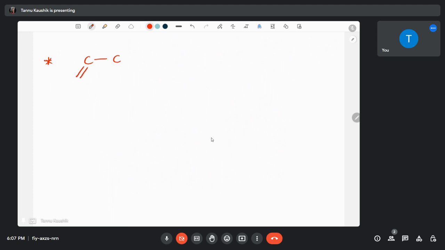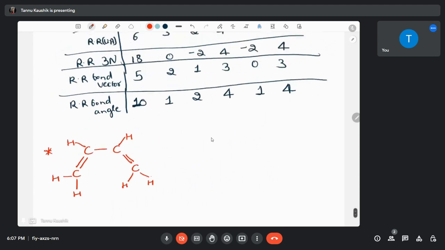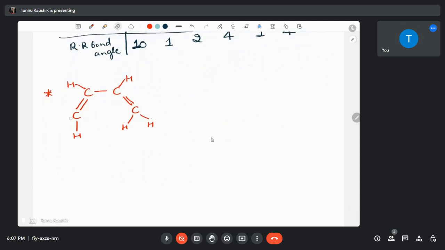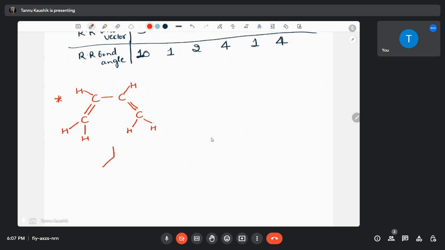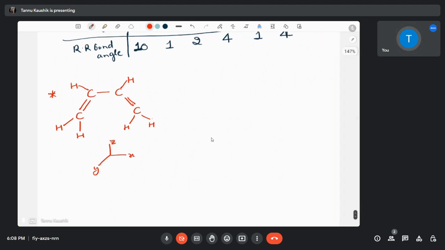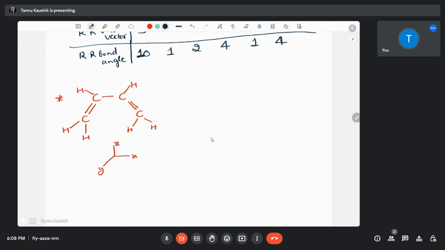So next is this. So the point group for this molecule is, firstly we can see a C2 axis of rotation as the principal axis.